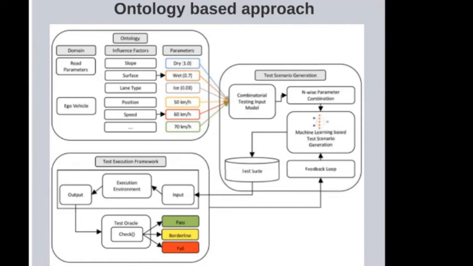So they change the slope of the road, the surface of the road, if it's wet, if it's dry, if it's icy, the type of lane, the number of lanes, also the agent behavior, the position, the speed, so you can increase, decrease, and then you do the test in the simulations. If the car passes, it's okay, the algorithms are working okay. If the car fails in this condition, okay, so this is the critical condition.